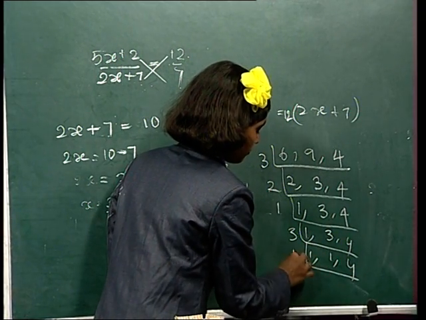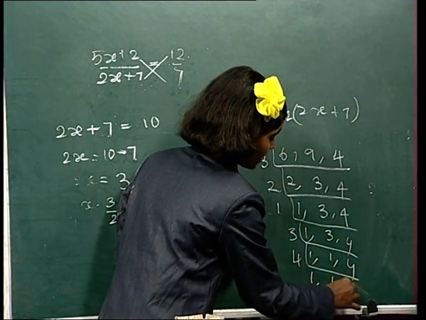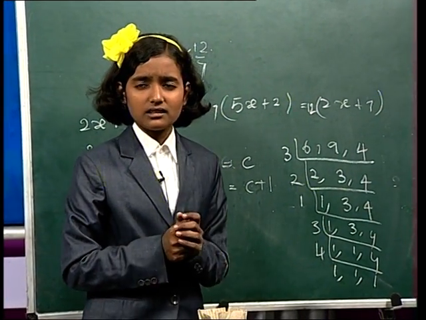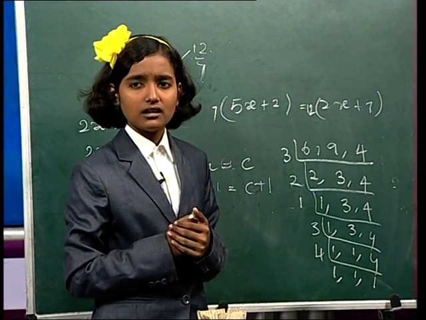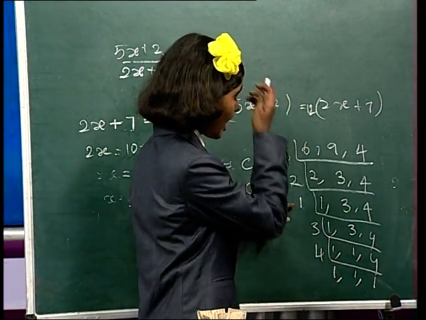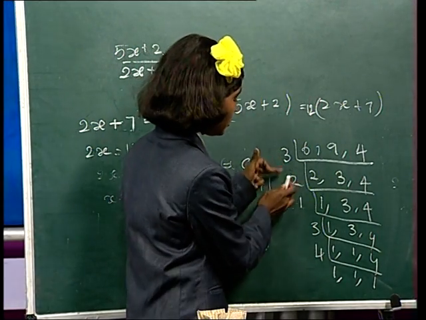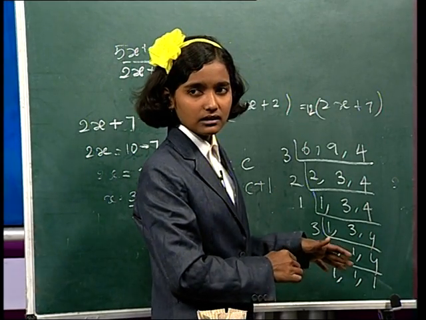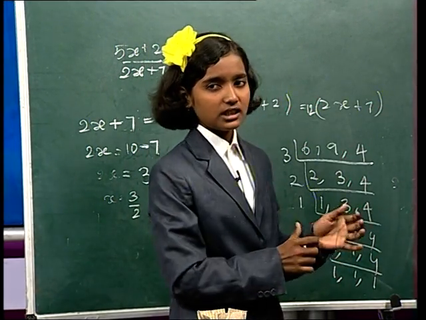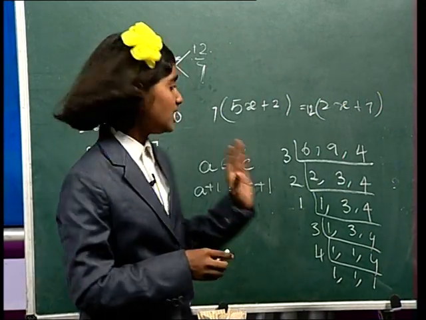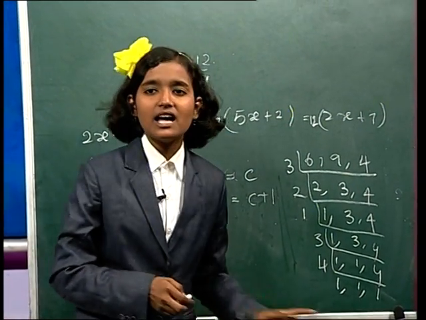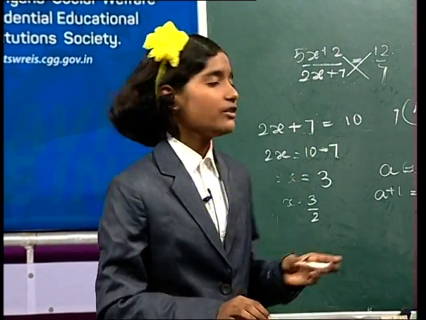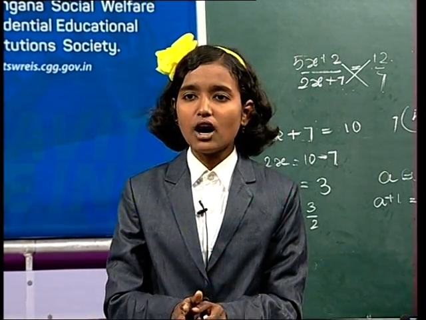Have you understood, friends, how I did this LCD? 3 2s are 6, 6 3s are 18, 18 4s are 72. When we multiply all the sides, we get the value of the LCD. Can you understand, friends?